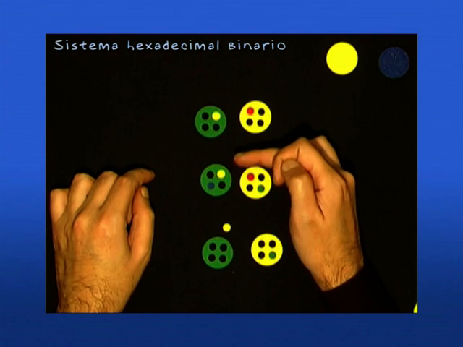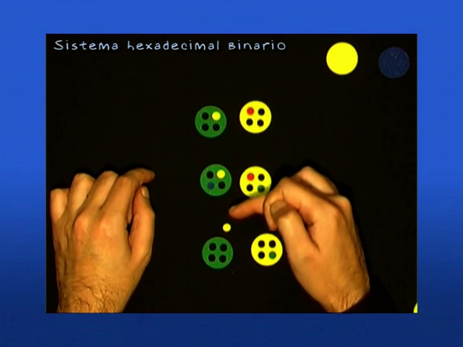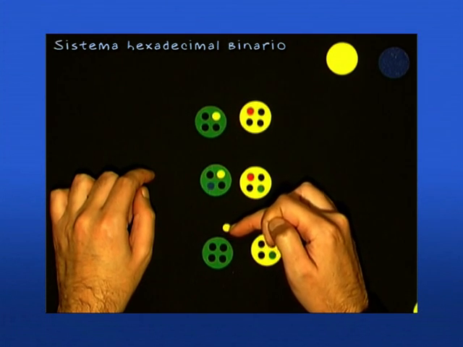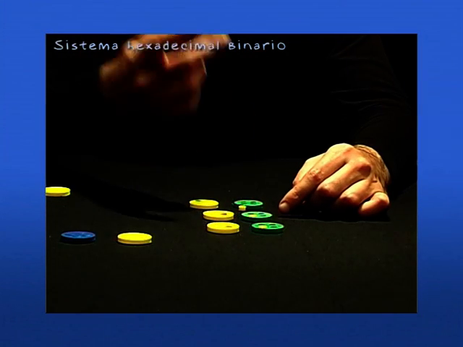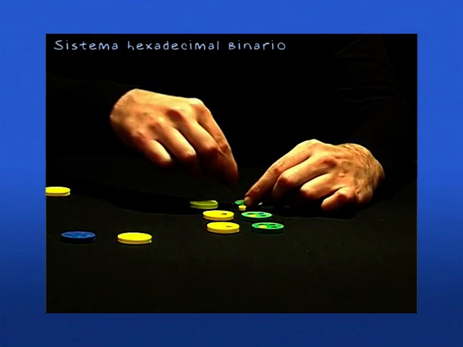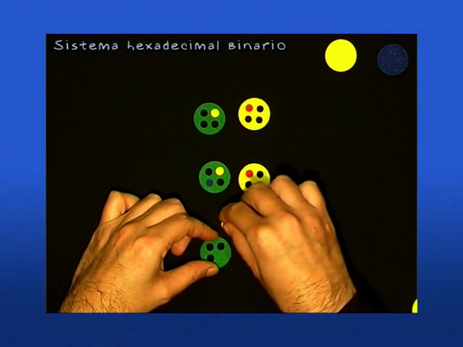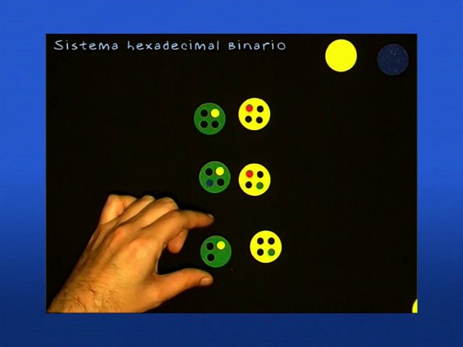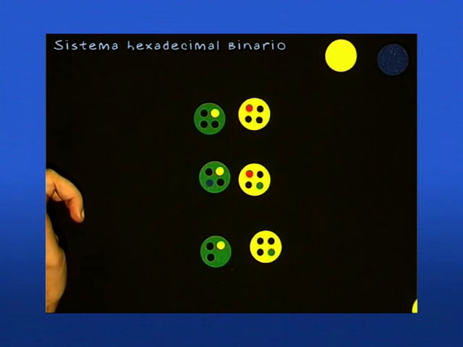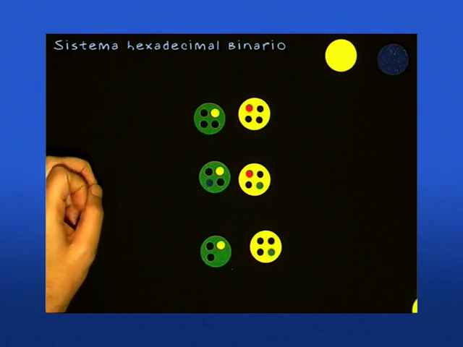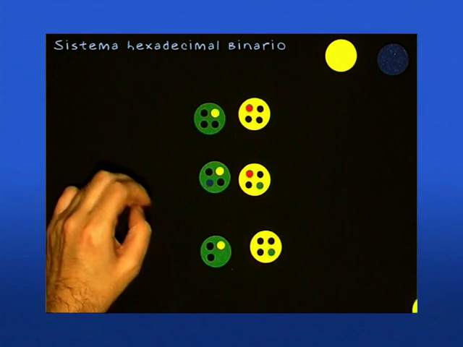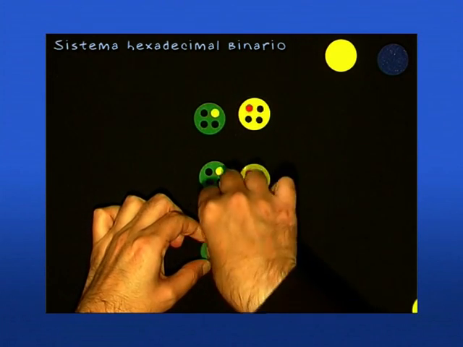What happens is that we find 2 yellow dots plus 1 existing one. So we buy 1 green piece and place the remaining yellow piece in position. And then here just place the blue piece.